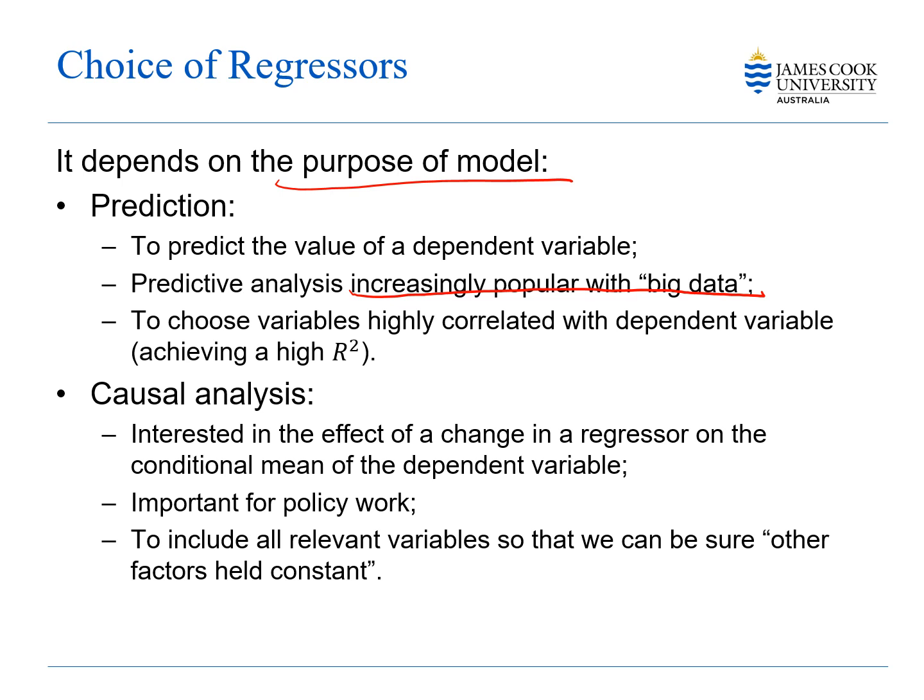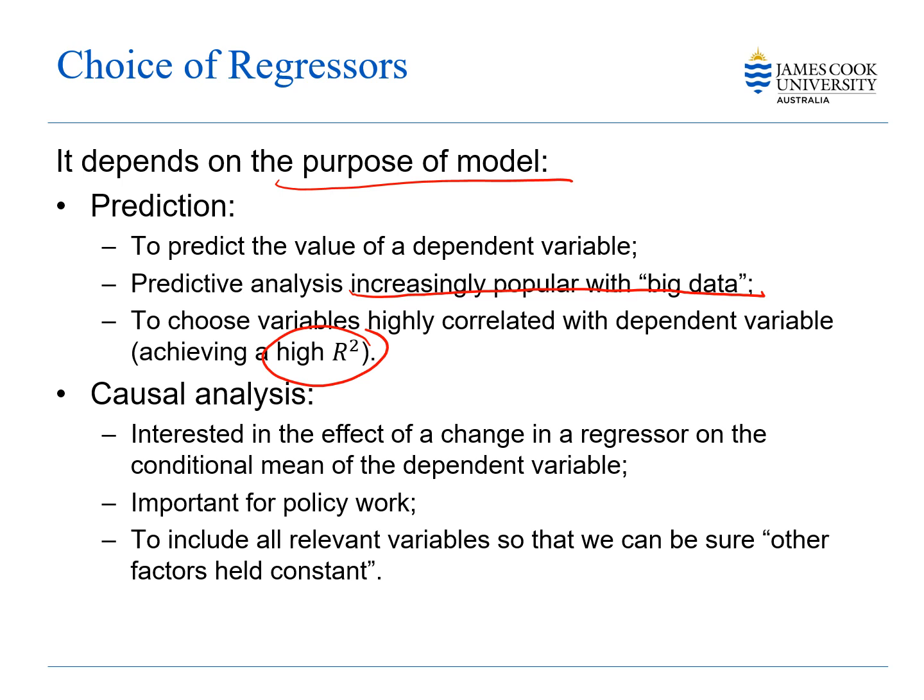If the purpose is to do prediction, then our right-hand side variables, our regressors, we should choose those variables that are highly correlated with the dependent variable y in order to achieve a high R-squared. Okay, so that's for prediction.